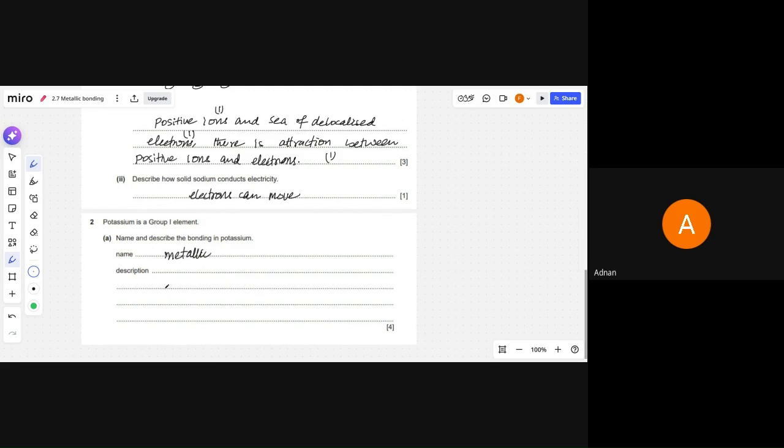And the description is 4 marks. Okay, so again, you say that metallic bonding will have a lattice, a lattice of potassium ions. So in metallic bonding, like metallic bonding in sodium, we have a lattice of potassium ions.